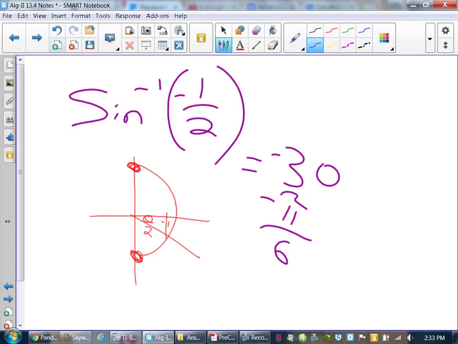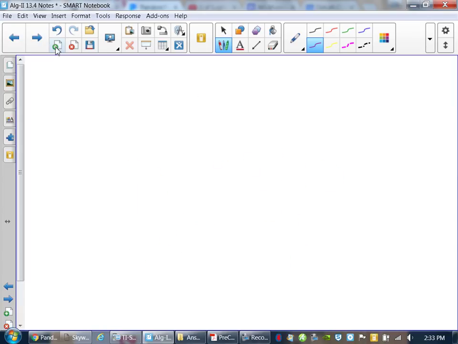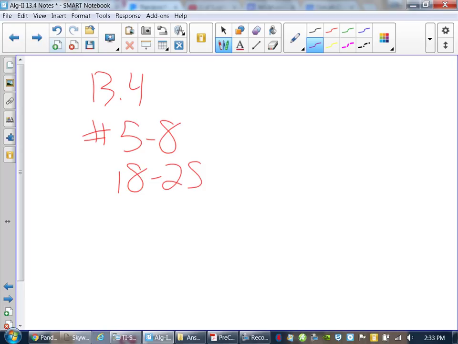Alright, the other part of this section is stuff that you've already done, so I'll have you do it. This is in 13.4. The first grouping are all: what angle has, what angle has, what angle has.